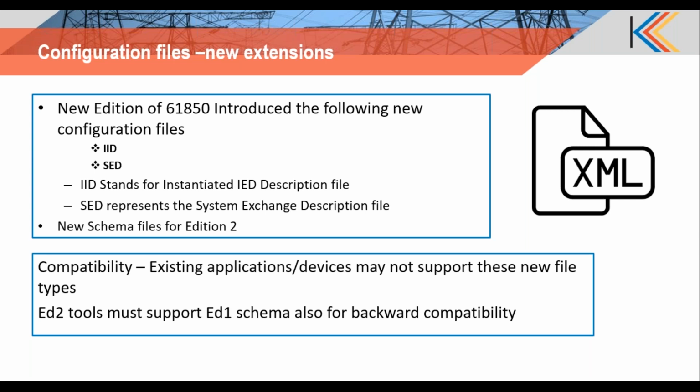We'll come to know what exactly are the functionalities of these file types. But the point you have to keep in mind is that these two files have introduced two new schemas also. That means if you have an application or a device that is getting migrated into edition 2, you should have support for these new file types and of course the new schemas.